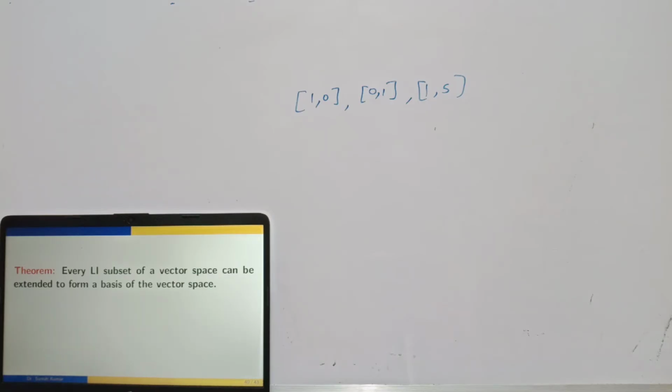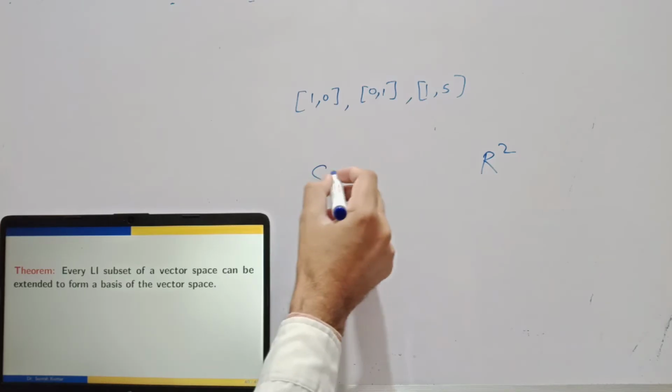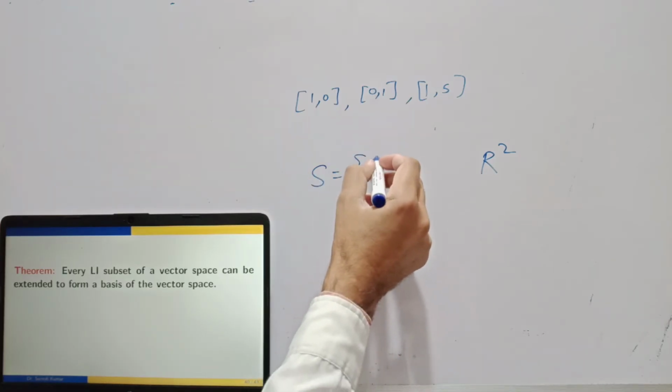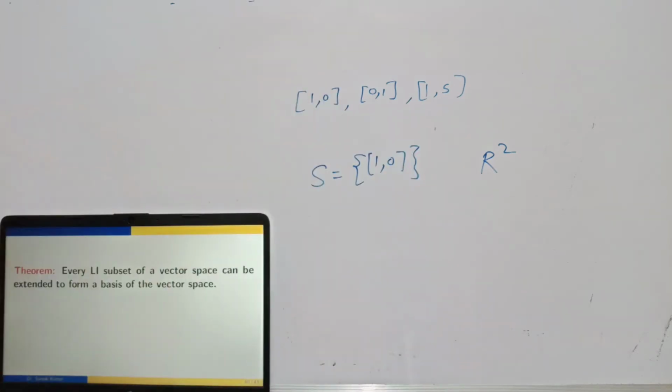Next, every linearly independent subset of a vector space can be extended to form a basis of the vector space. Consider R2. I am writing a set here, say (1, 0) only. S is carrying only one vector. This is linearly independent. You know that every non-zero vector in a vector space is linearly independent.